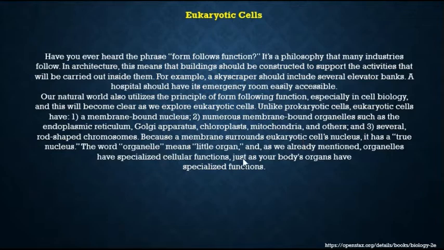The word organelle means little organs. Organelles have specialized cellular functions just as your body's organs have specialized functions. So you can say that a cell is also somewhat independent in itself in that it contains miniature versions of organs. But overall, an organism performs so many complex functions that a single cell cannot perform all of them. So cells interconnect with each other and form the organism.